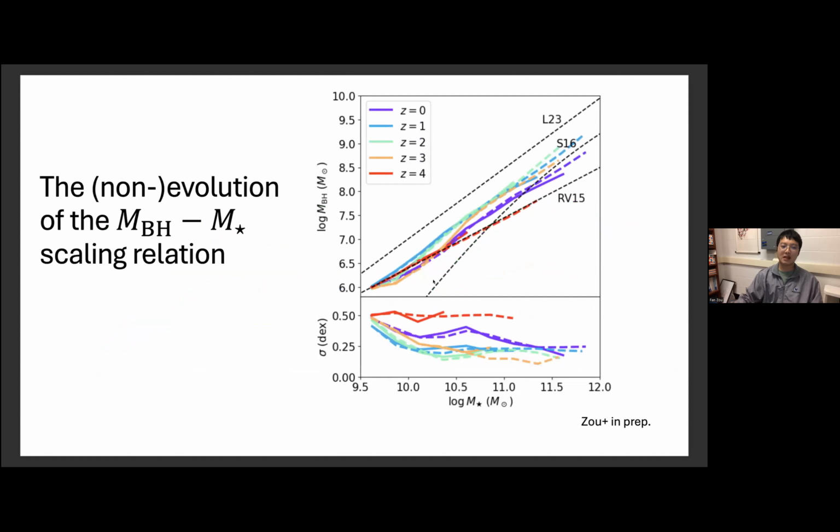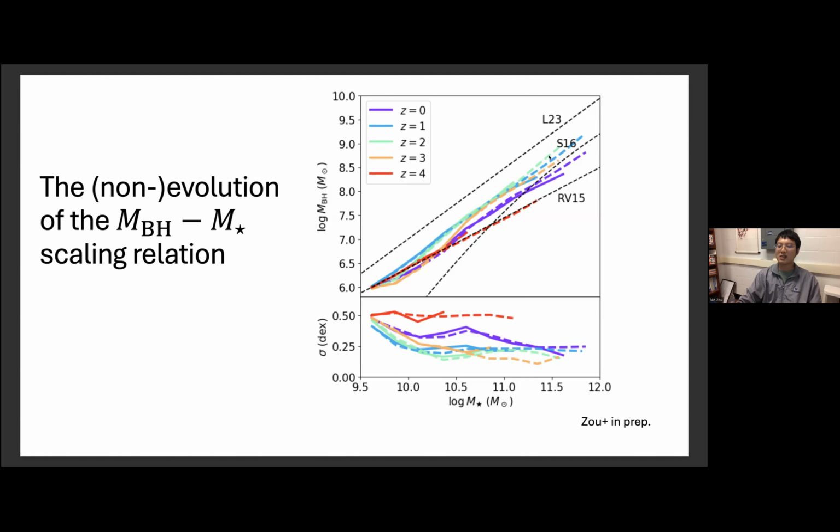And we also predicted the scaling relationship between the black hole mass and the host galaxy stellar mass. Here I'm showing the scaling relation at different redshifts together with some observationally constrained scaling relations. Our measurements are quite consistent with other observationally constrained measurements.